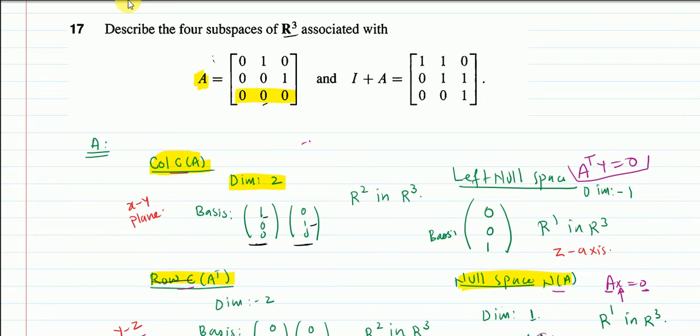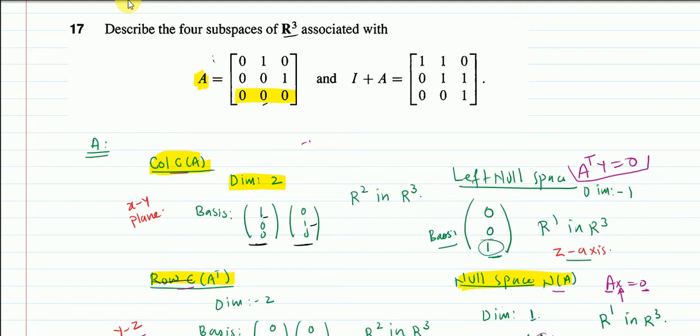How we find the basis for the left null space, you can look at my last video, where you can get the idea. So this is the basis for the left null space, and what this left null space is spanning is the z-axis, right? The z-axis.